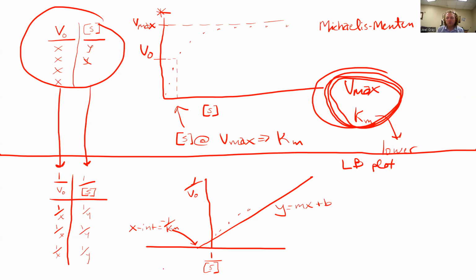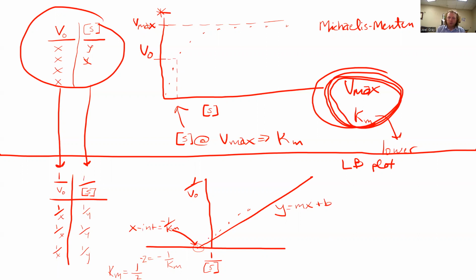And if you look at this, my number here is in the second quadrant, and it's actually a negative x value, which is just fine. Let's say hypothetically that your x-intercept is negative 2. Set that equal to negative 1 over Km. Do the algebra, and negative 2 equals negative 1 over Km leads you to Km equals 1 over 2.